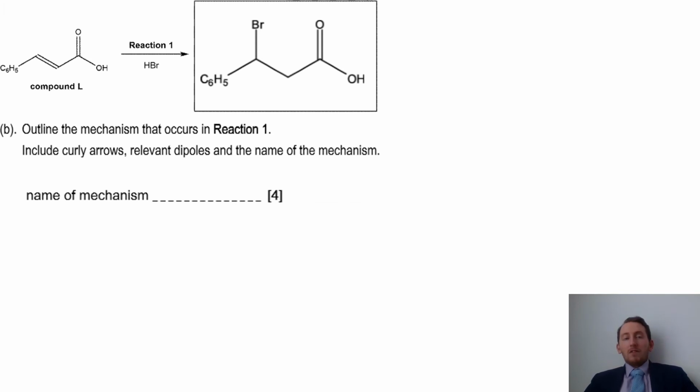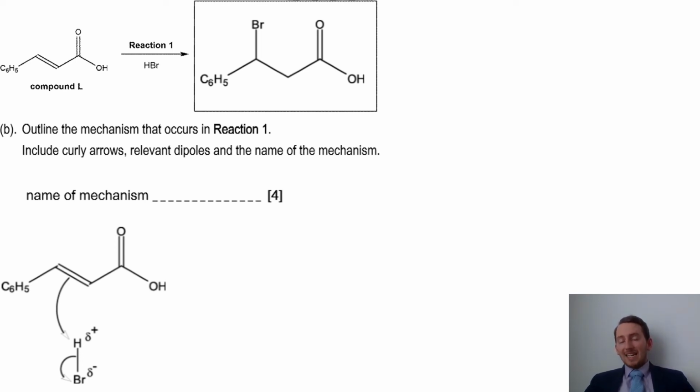Okay, and now for this particular reaction, we mentioned the reaction mechanism we're going to go into, because the question here is asking us to give this reaction mechanism with your dipoles and also name it, which I've just mentioned before as well, 4 marks. So hopefully we know that within our HBr molecule, the hydrogen is delta positive and the bromine is delta negative.